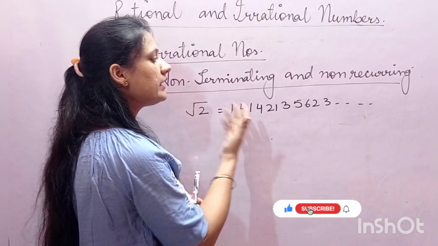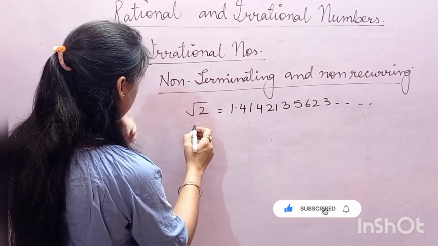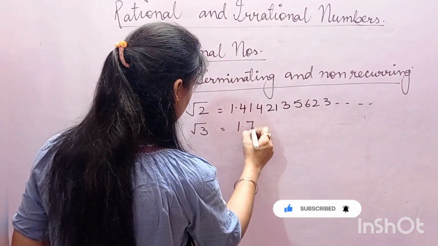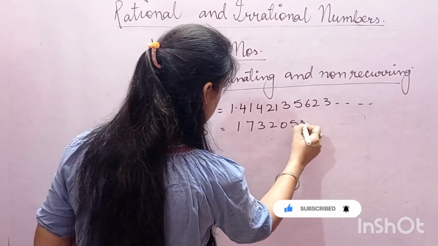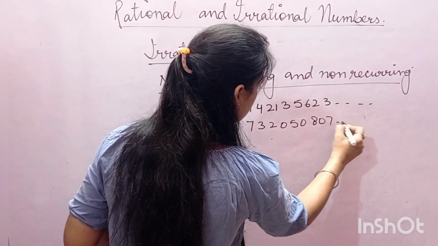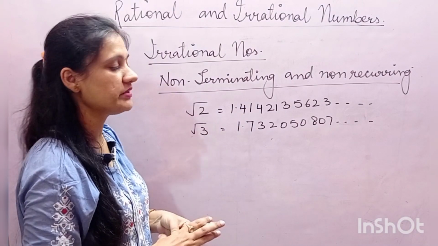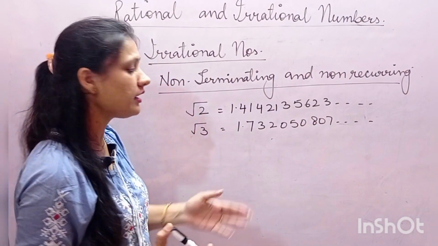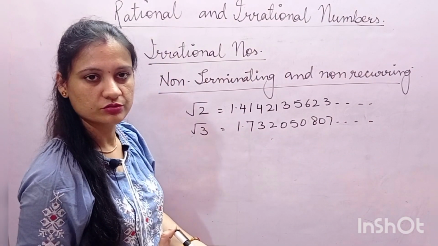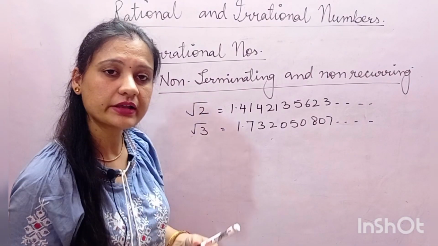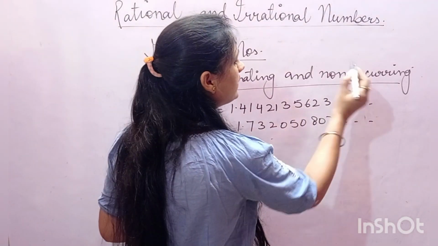No. So it's an irrational number. Or if I give you the example of root 3, if you find the value on a calculator, you'll see it keeps going on, right? Again, it is not terminating, means the division is not going to end anywhere, and non-repeating also, right? So they are irrational numbers. Non-terminating, non-recurring numbers are irrational numbers.